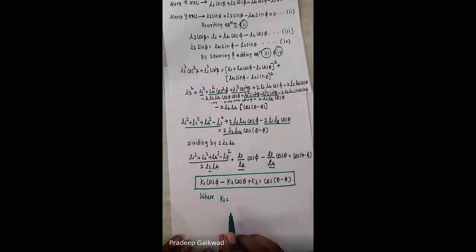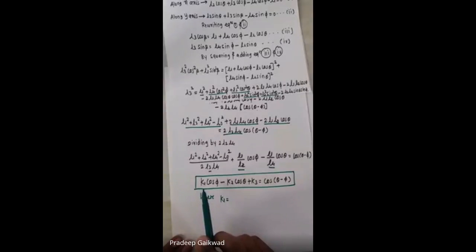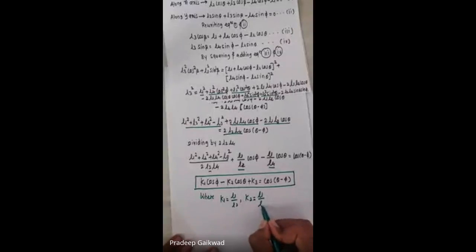K1 is L1 upon L2, K2 is L1 upon L4, and K3 is L1 square plus L2 square plus L4 square minus L3 square upon twice L2 L4.